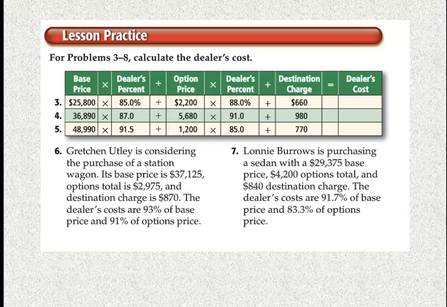You will have to figure out that the base price is this, and the base price goes with this percent. And this goes with that percent. That is going to be the most challenging part of this assignment.